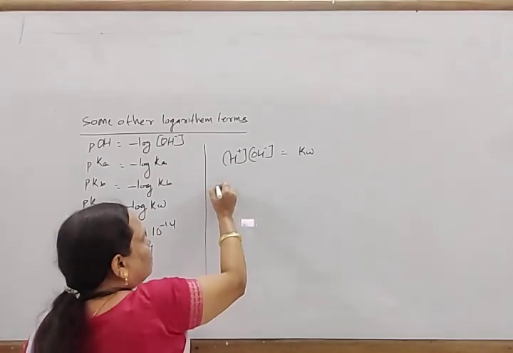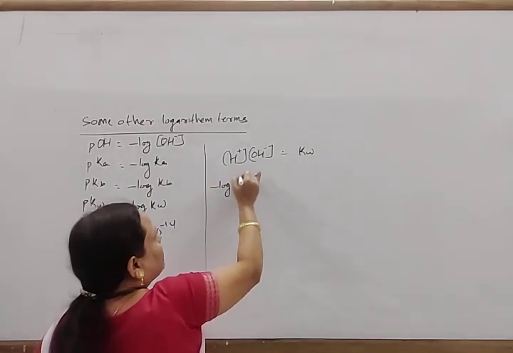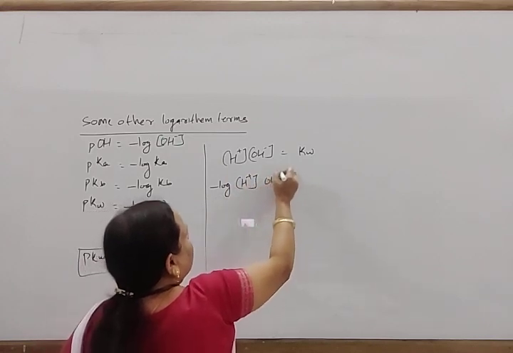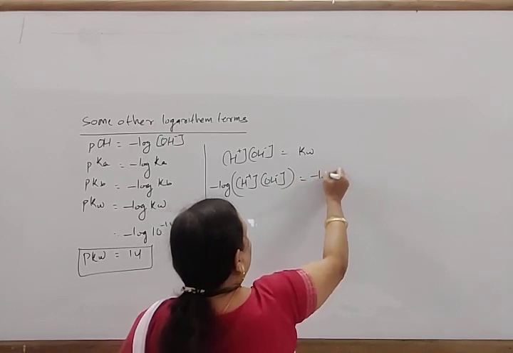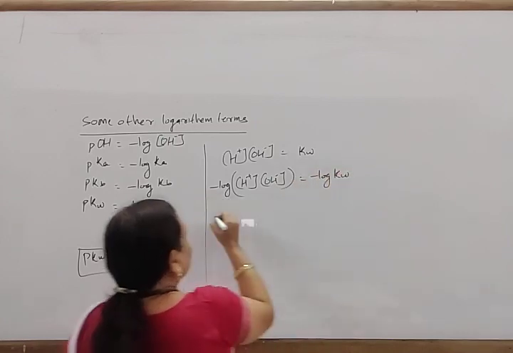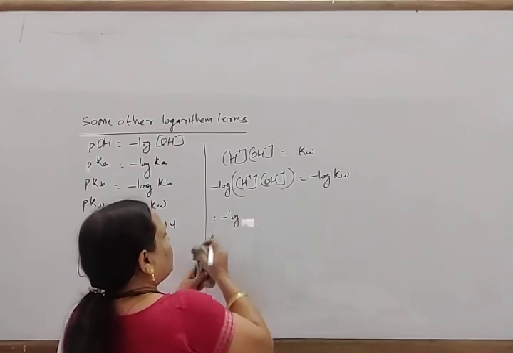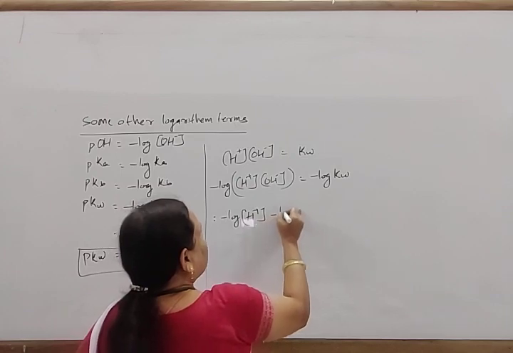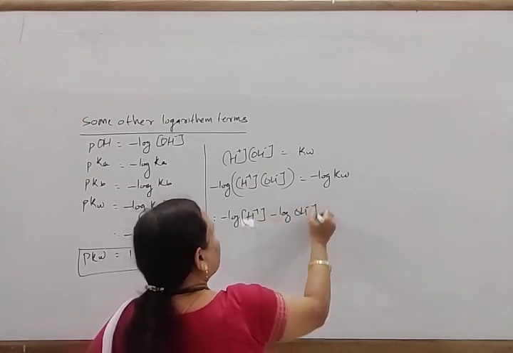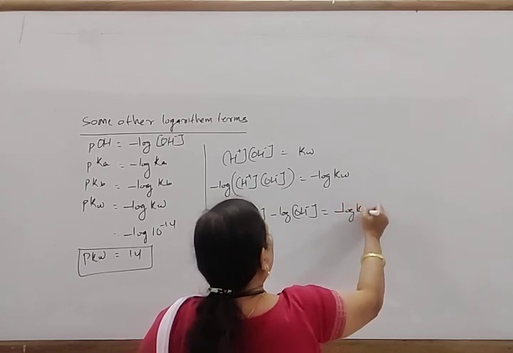Taking the negative logarithm on both sides: minus log H plus concentration, minus log OH minus concentration, is equal to minus log Kw.